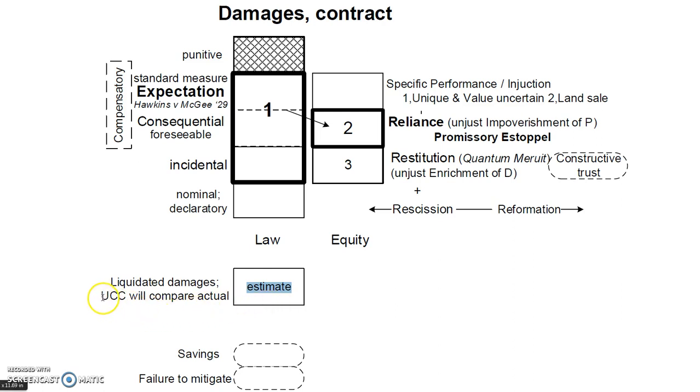Under the Uniform Commercial Code, there will be a comparison between the liquidated damages that are estimated and the actual damages suffered. And if the estimated damages or liquidated damages are appropriate, those will be awarded.